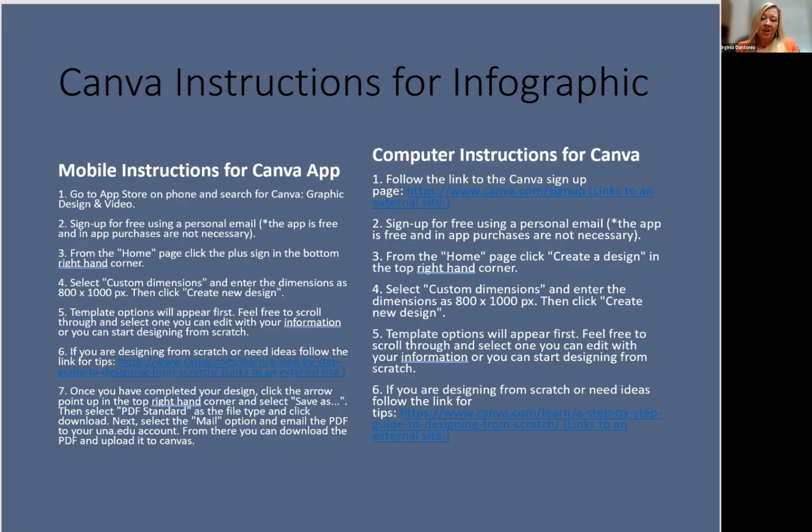This is by no means anything that is meant for you to read today, but I can send it to you afterwards upon request. These are instructions that I included for how students can use Canva for the infographic. You can see I provided instructions for their mobile device and also instructions for how they could use it on the computer, a desktop.